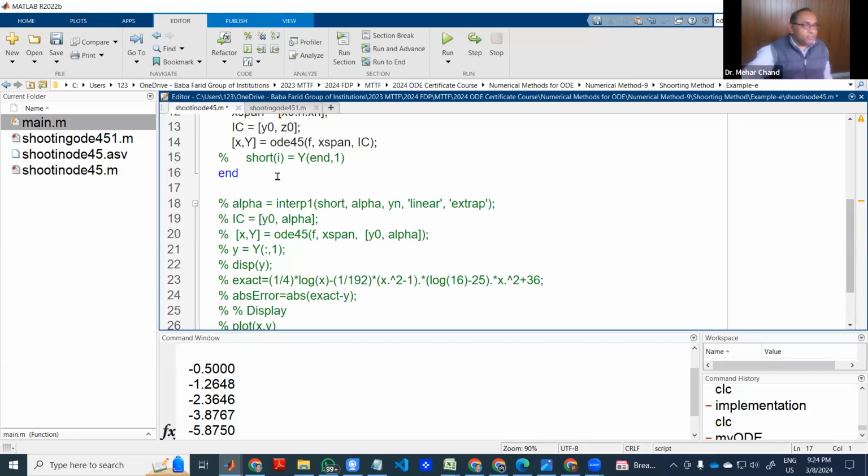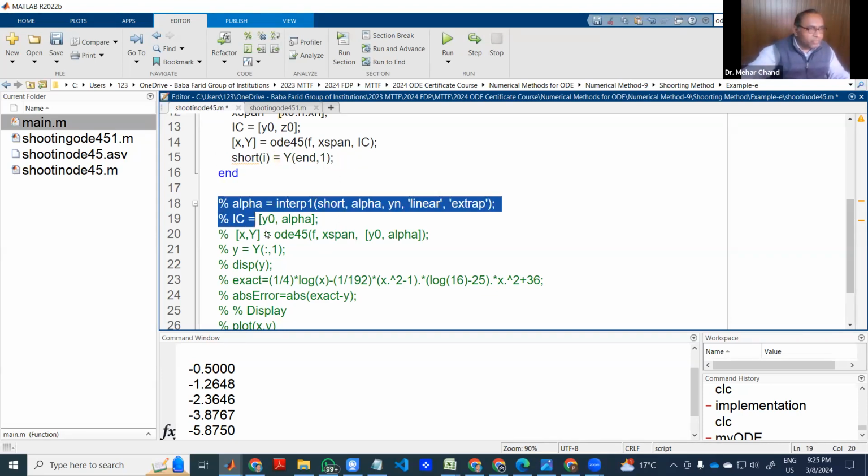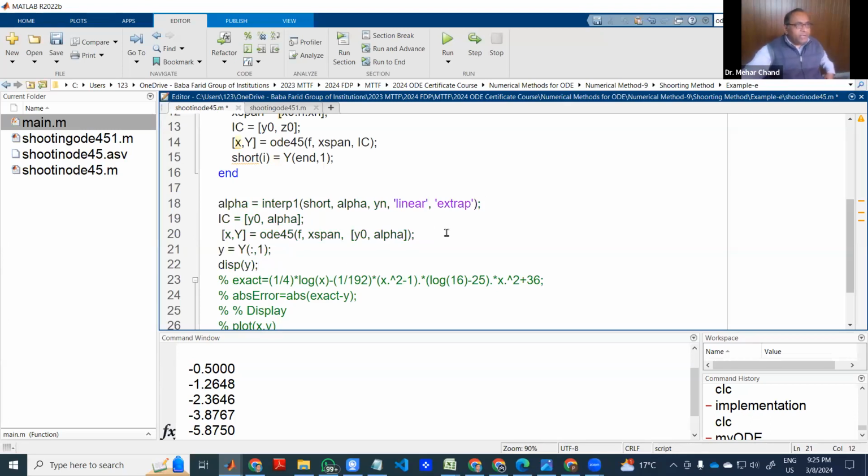Now the thing is we need the exact solution, and we need to implement interpolation. How can we use it? You need to uncomment this one, and here a semicolon. So here we are using interpolate to shoot our value.